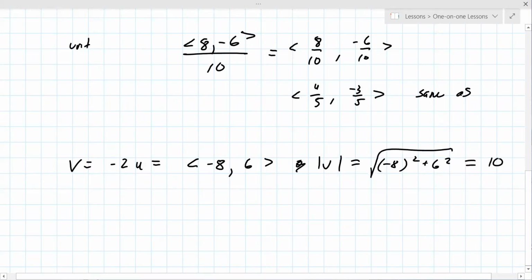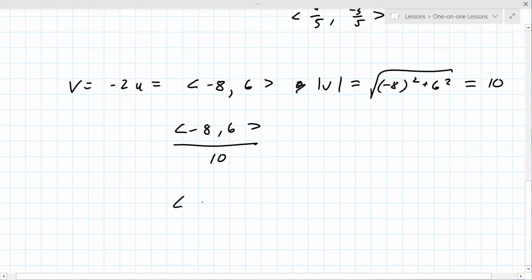That's 10. So the unit vector now is -8 comma 6 divided by 10. And that ends up being -8 over 10 comma 6 over 10, which reduces to -4 fifths comma 3 fifths. And the unit vector for u was 4 fifths comma minus 3 fifths.